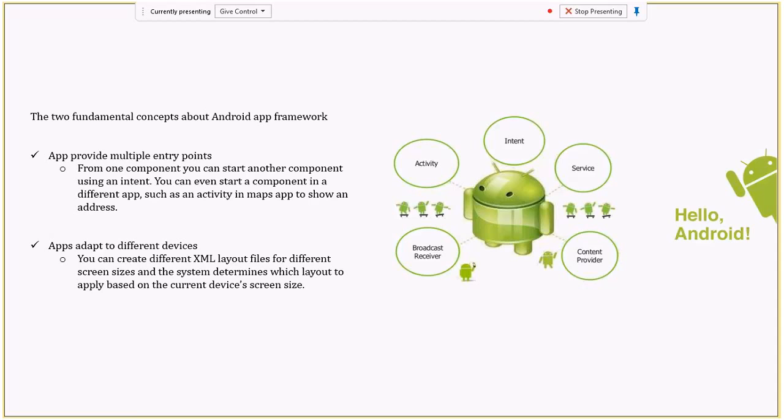Okay. There's one peculiar thing about the Android app framework. Apps provide multiple entry points. What it means is that all these components make a complete, whole new entry point, so any other app can invoke these components inside the other app. Apps, when you start designing them inside an IDE, can adapt to different devices.